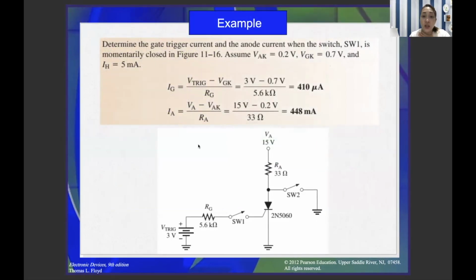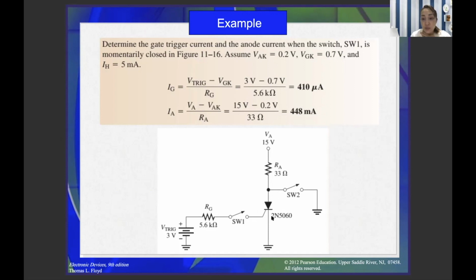Determine the gate triggering current and the anode current when switch 1 is momentarily closed in figure 1-16. So we have the equation of IG, which involves the voltage triggered and the voltage across VGK. So what is the VGK?